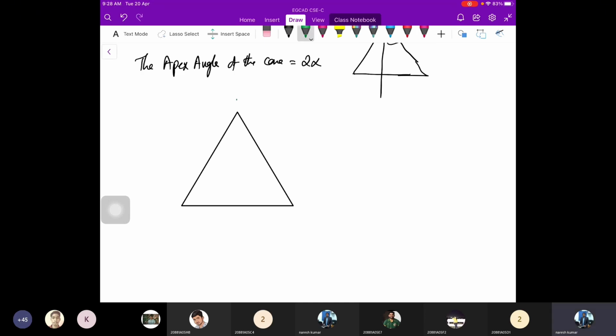So this is the, sorry, this is the axis of the cone. So I am cutting this cone at some angle. So this is the cutting plane. Or I will write here. Cutting plane will be something. Wait a second.